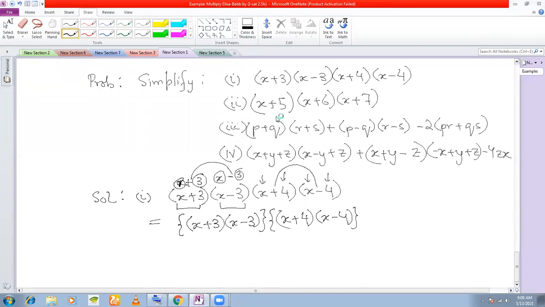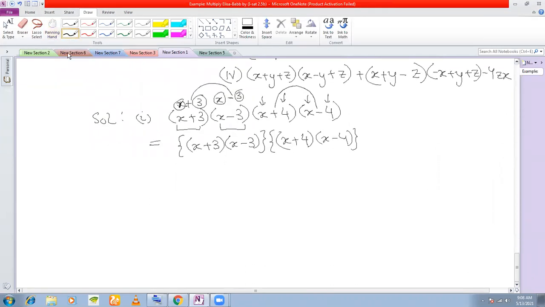So now we'll start multiplying. We'll multiply the first two, and then the next two, and then we'll multiply whatever we get together. So first, let us multiply x plus 3 into x minus 3. So how will you multiply? Plus and plus combine to give you a plus, and x into x gives x square.